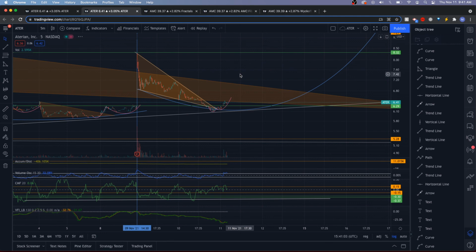Let's look at all the institutions that bought in. Let's look at the volume charts. Let's look at volume indicators. Let's look at the technical charts, the bars, and let's just look at what we're seeing. Let's describe the action. Let's all use the same language. And then, individually, we can all make good decisions about where we want to buy this thing and how we want to see the price move.